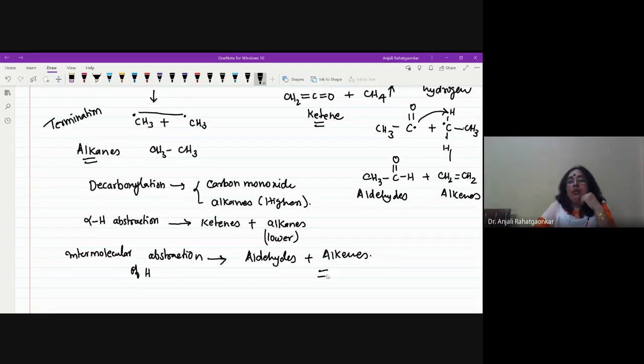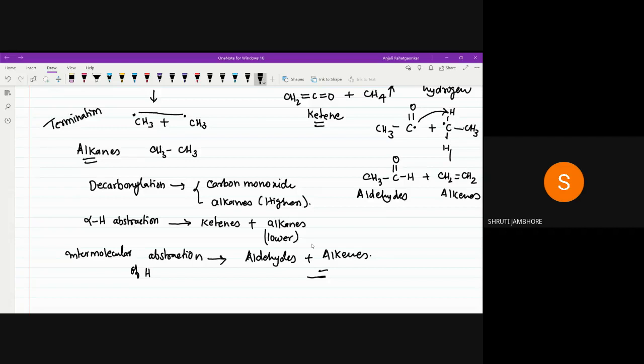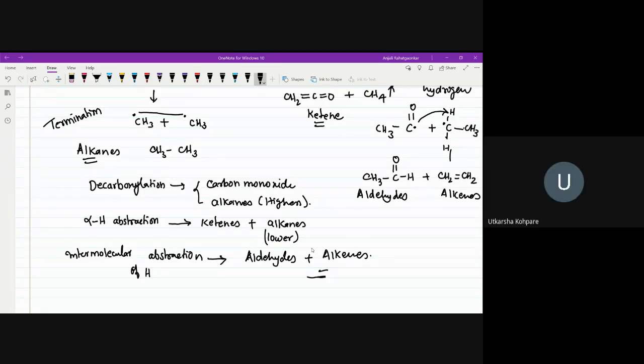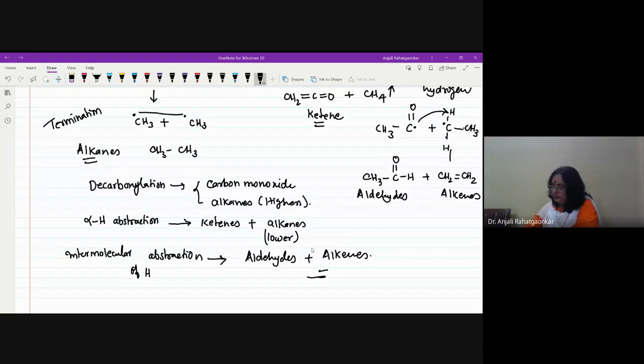So we'll see one by one various examples based on Norrish type 1 reaction. ये समझ में आया आपको कि कैसे रिएक्शन होती है, तो ही हम आगे जाके जा पाएंगे. Yes, ma'am. Yes, ma'am. So shall I give you one example? Yes, ma'am. Yes, ma'am. Okay.